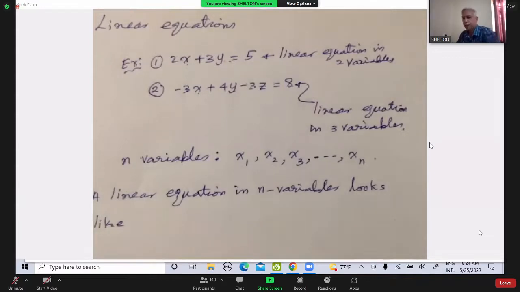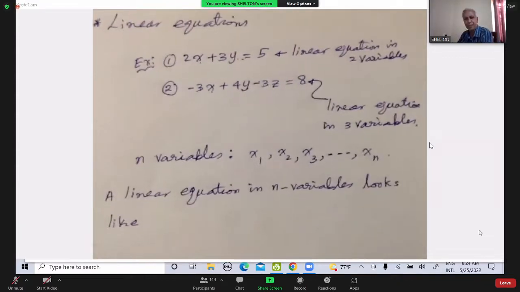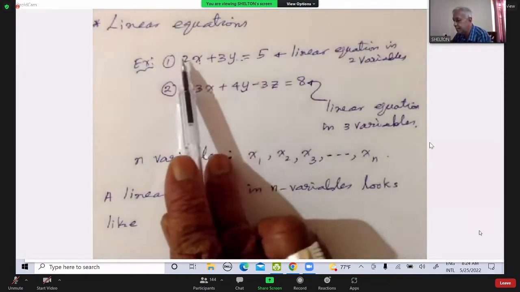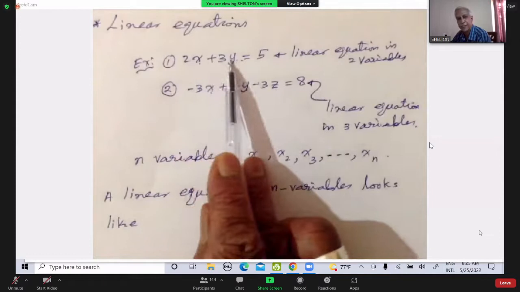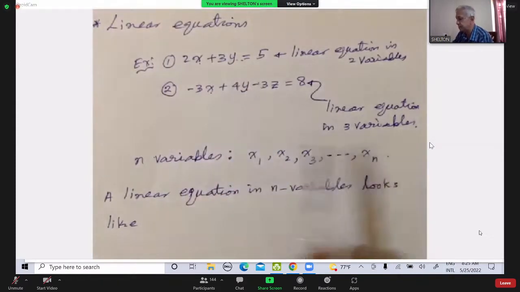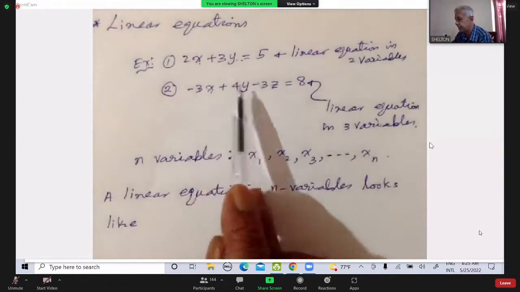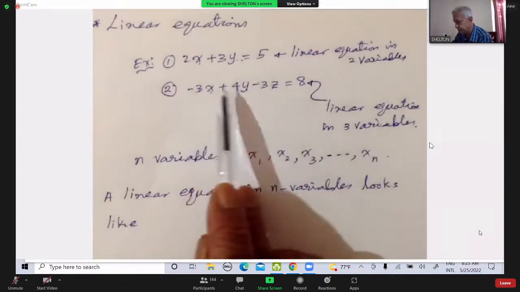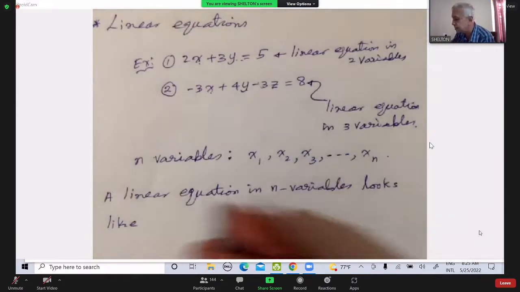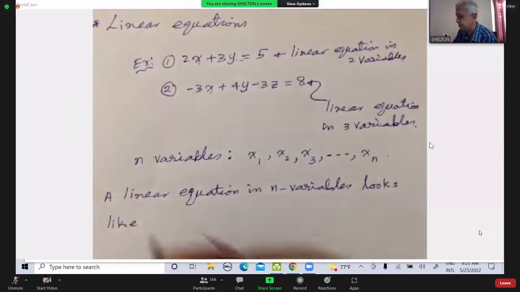Now, how many coefficients do I need to write down a linear equation in two variables? I need two coefficients and two variables. In the example of a linear equation in three variables, I need three letters and three coefficients, and then an equal sign and a number. A linear equation in n variables looks like this: I need n variables, and I need n coefficients also.